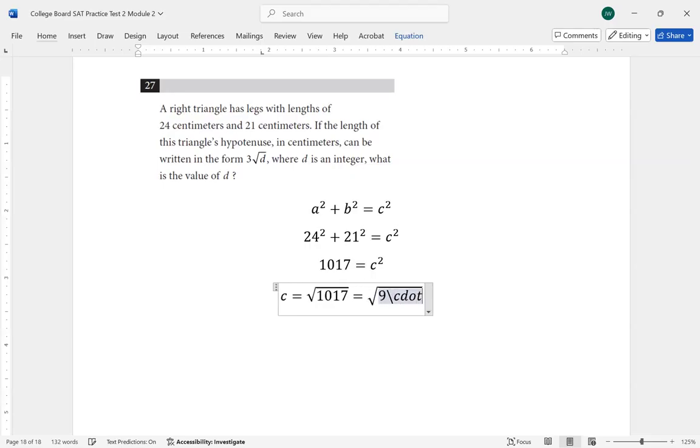Let me do it this way. Divide 1017 by 9, and you would get 113. The square root of 9 is 3. And so the length of c is 3 times the square root of 113. That's the same thing as the square root of 9 times 113.